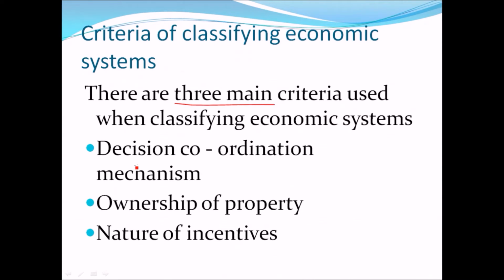They are decision making coordination in the economy, or we call it the decision coordination mechanism, ownership of property or ownership of resources, and the nature of incentives. So these are the three basic criteria used in classifying an economic system.